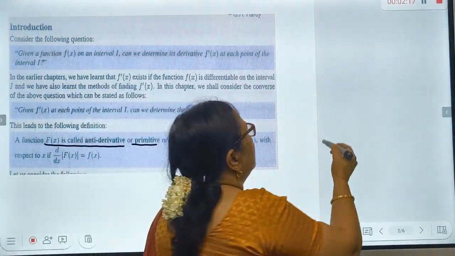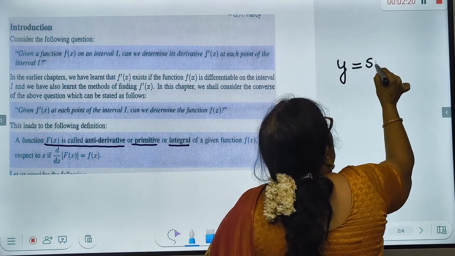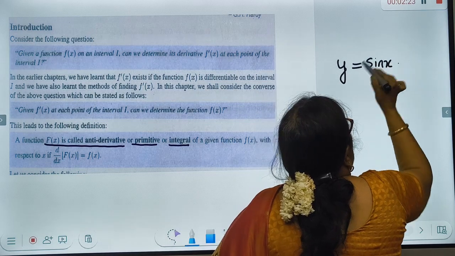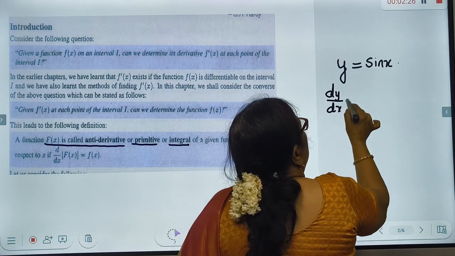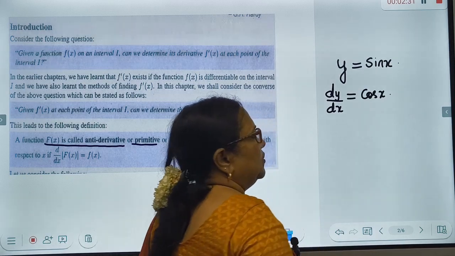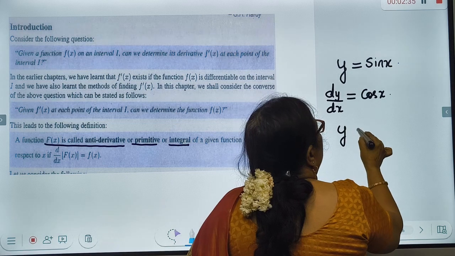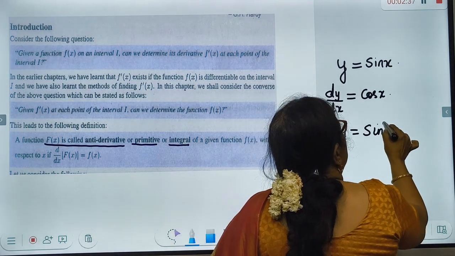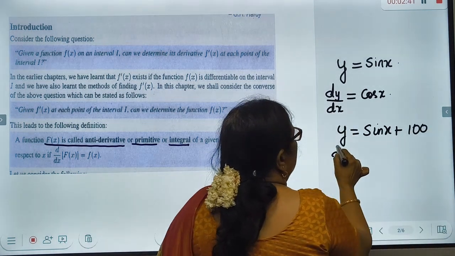Let us look at some functions. Let me take y equal to sin x. What is dy by dx? dy by dx is cos x. Now, if I have y equal to sin x plus 100, what will be dy by dx?